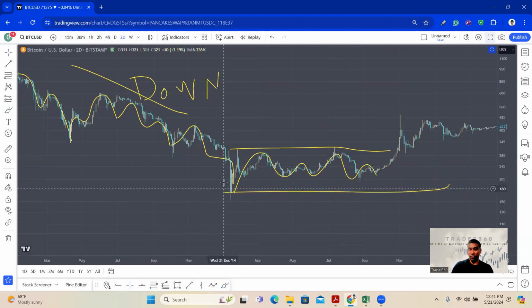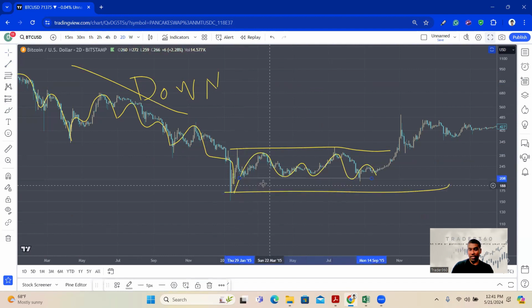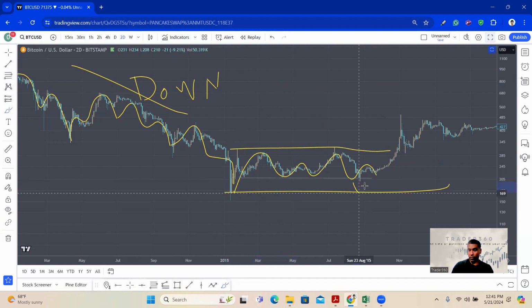What is the range of accumulation? Actually, the range is from here. This was a dip, but the price never went below this area. Only once it deviated for a very short time, on a 2-day basis. Otherwise, it never went below these two levels.